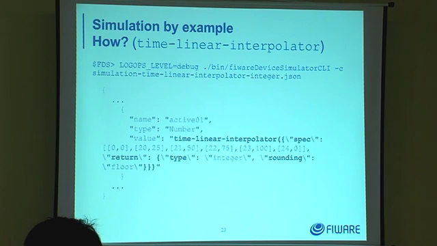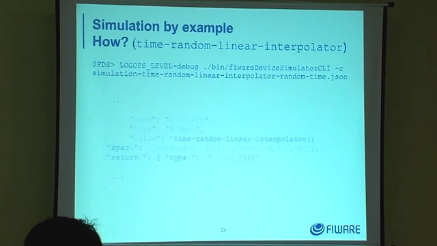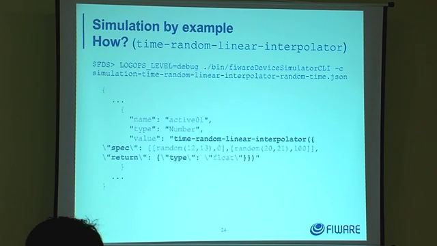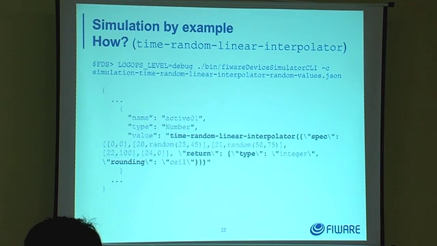this way. We can also make some random data using this time-random-linear-interpolator. Basically, it allows us to use the random directive, as you can see on the screen, to include some randomness on the date, on the hour part, but also on the value part.